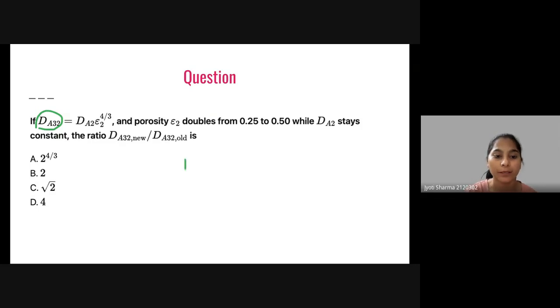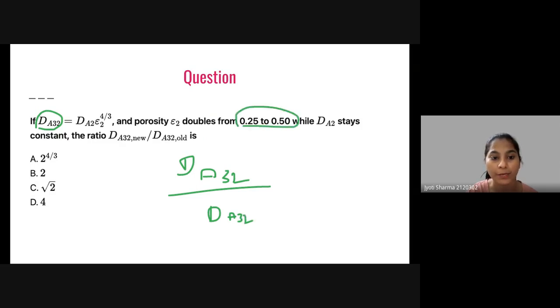So this is something, Da32 new divided by Da32 old. And what we are saying, we are doubling this E2. So this is Da2. This will be same, epsilon 2 to the power 4 by 3, divided by, this is new one and this is old one.